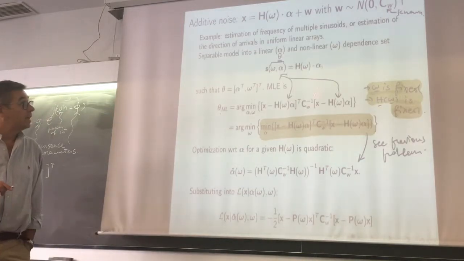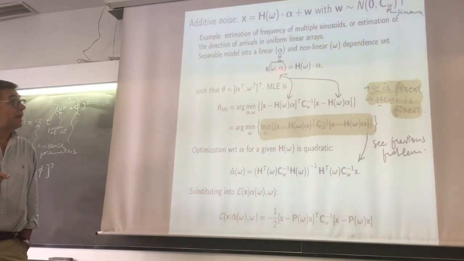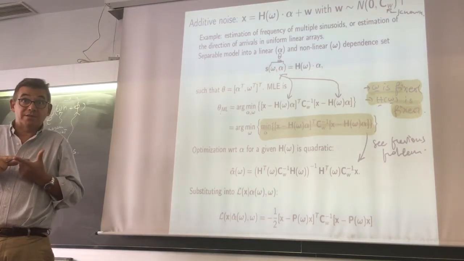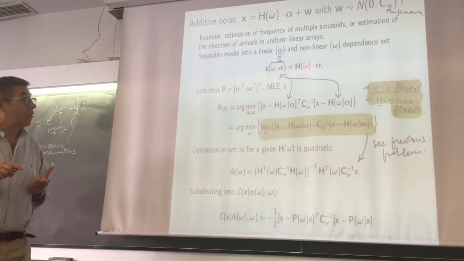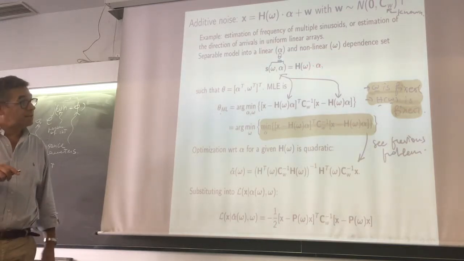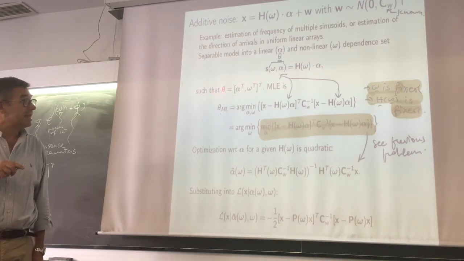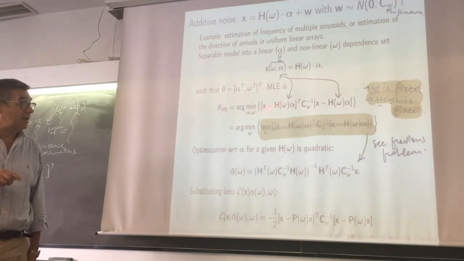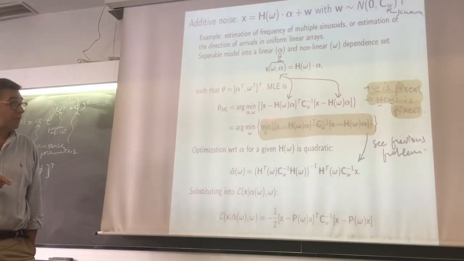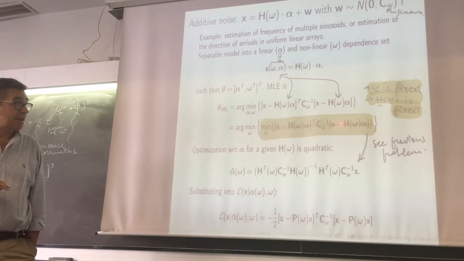So I make it more concrete. How did I do it? I did it this way. I have the frequency omega and alpha. Alpha includes amplitude and phase. So my goal is to estimate the frequency and frequency only. But there is amplitude and phase there. So my set of parameters is amplitude, phase, and frequency. Then what I did is I isolate the parameter that was easy to estimate in the minimization process, and that is the amplitude.